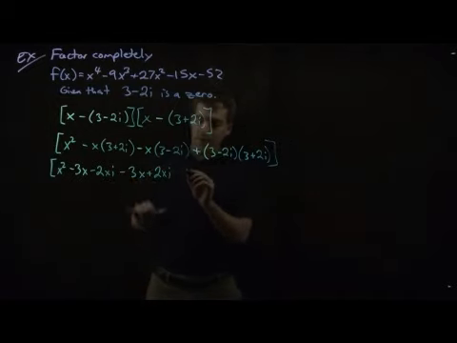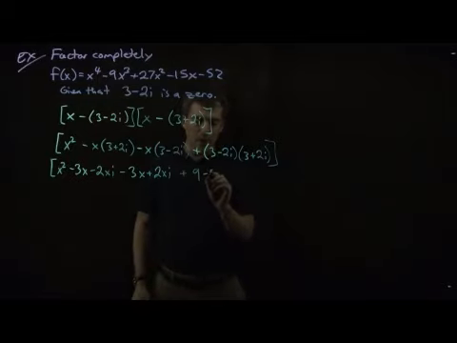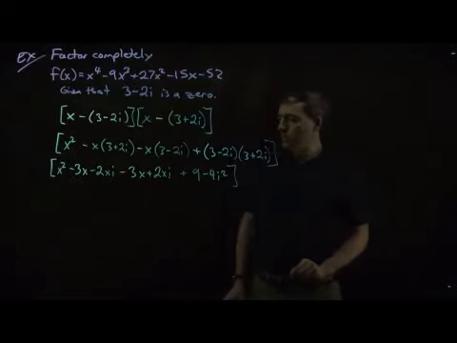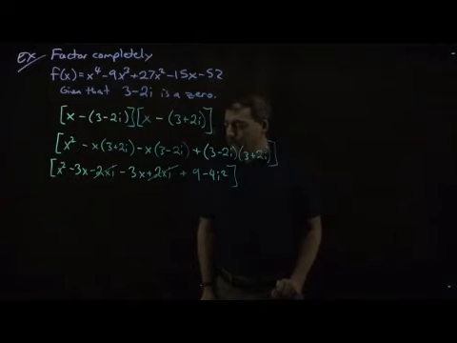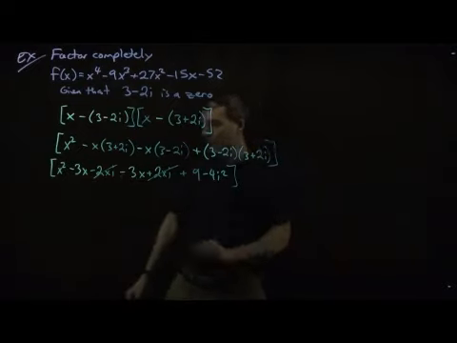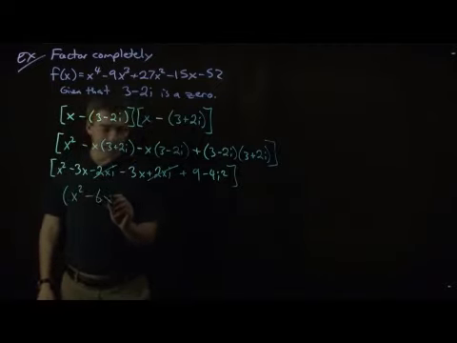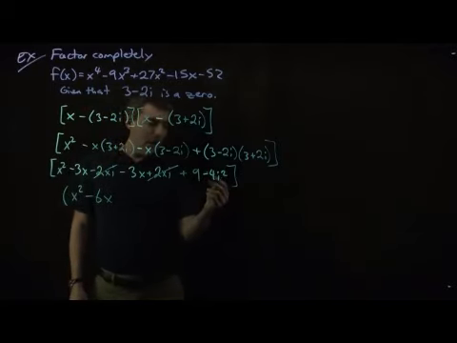And then these are conjugates, so we're going to have 9, outside inside cancel, minus 4i squared. These terms with i's cancel. Minus 3x minus 3x becomes minus 6x. So we have x squared minus 6x. Then we have plus 9, and then this is going to become minus negative 4 with the i squared. So we have 13.